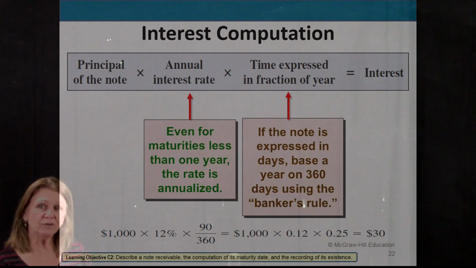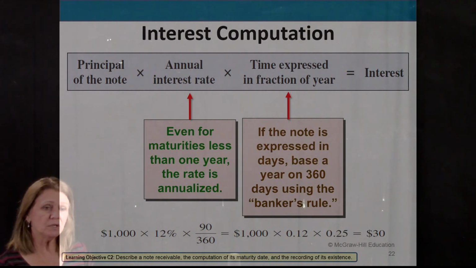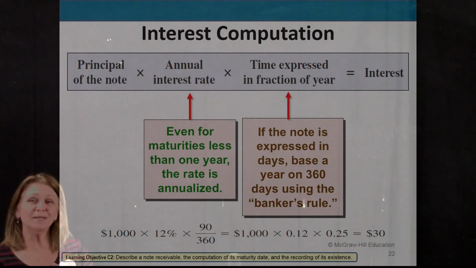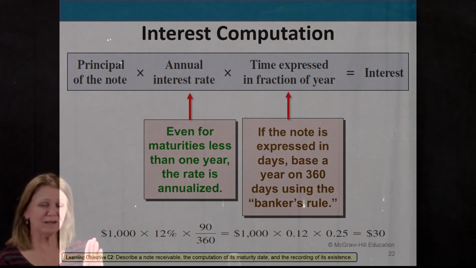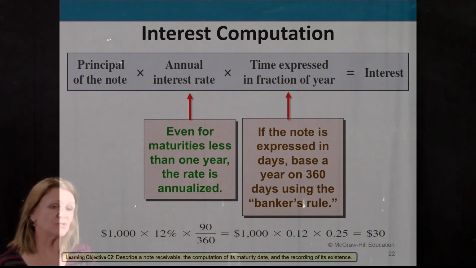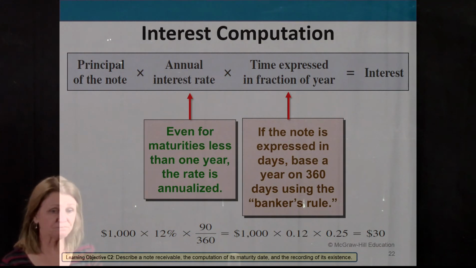In order to calculate interest, you take the principal times interest rate times time equals the interest amount. A banker's rule is that every year has 360 days. We know that's not true. We know a year has 365 or 366 days if it's a leap year. But banker's rule in interest is 360 days.